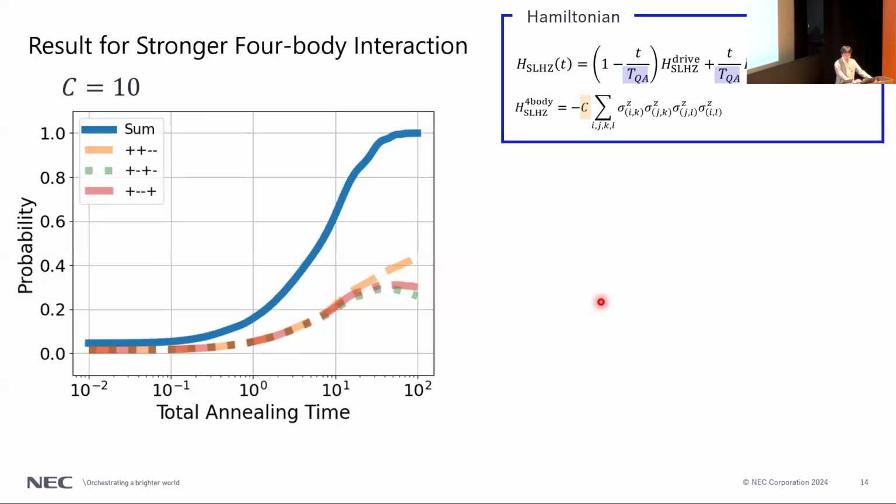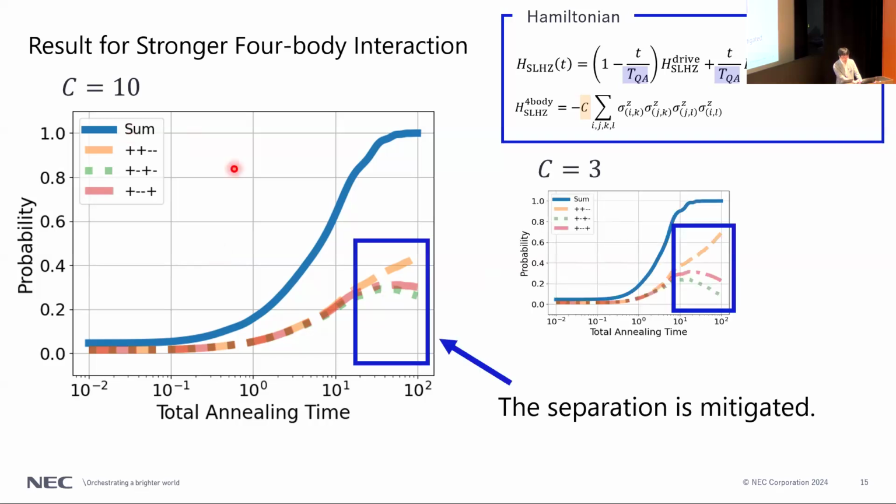Next, let us look at the behavior with another strength of forward interaction, a stronger interaction. This graph shows the results with the forward interaction stronger than before. Please look at the right area. You can see that the degree of separation of the three lines is smaller than when the forward interaction is small.